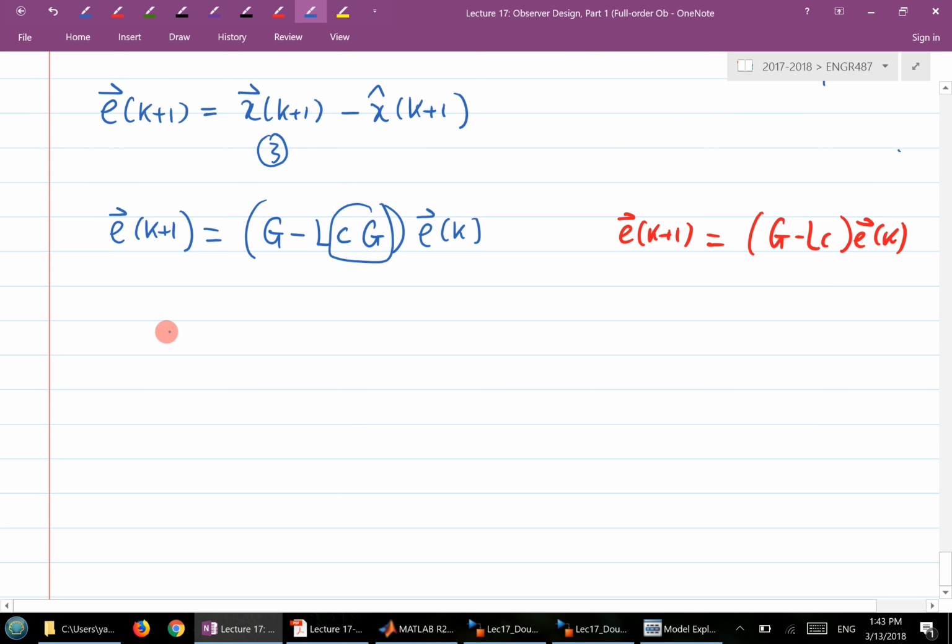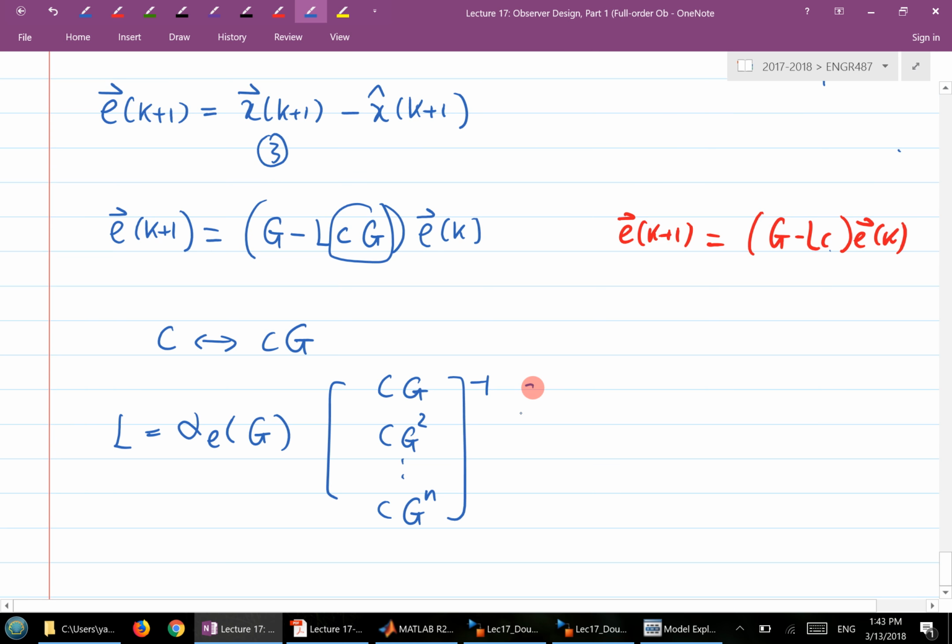So basically C and CG here is a mapping. And then the L is alpha e and G, so CG, CG squared, CG to the power of n inverse times 0, 0, 1.